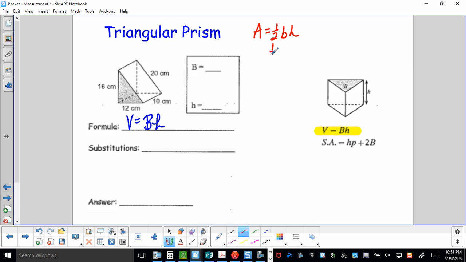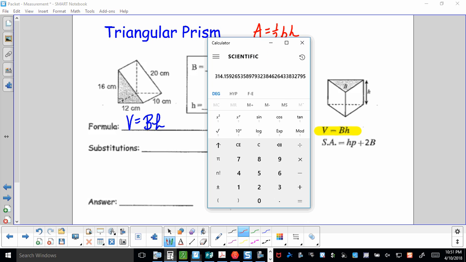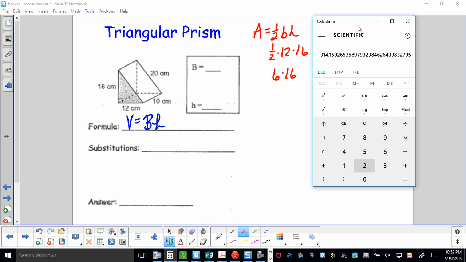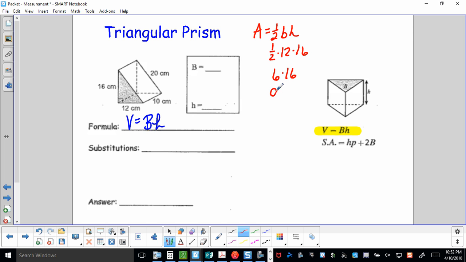So 1/2 times 12 times 16. So 1/2 of 12 is 6 times 16. So 6 times 16 is 96.